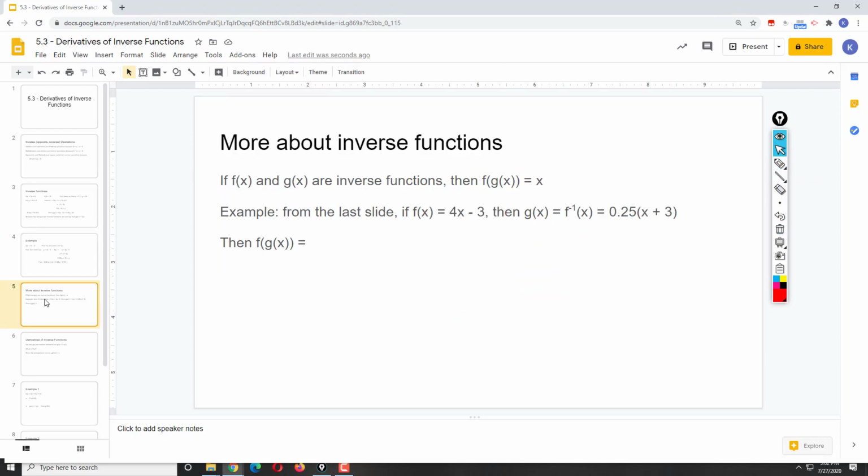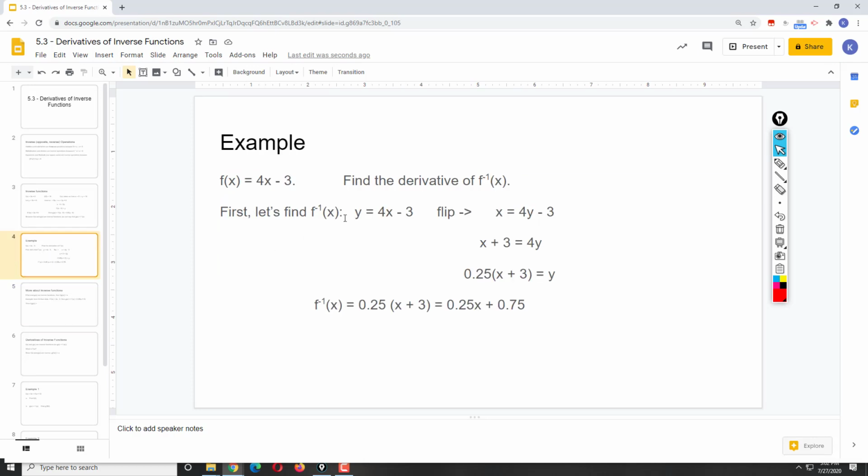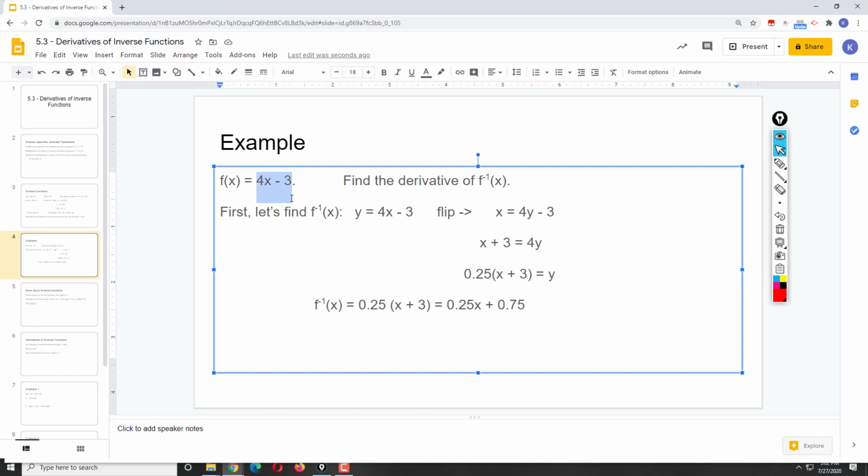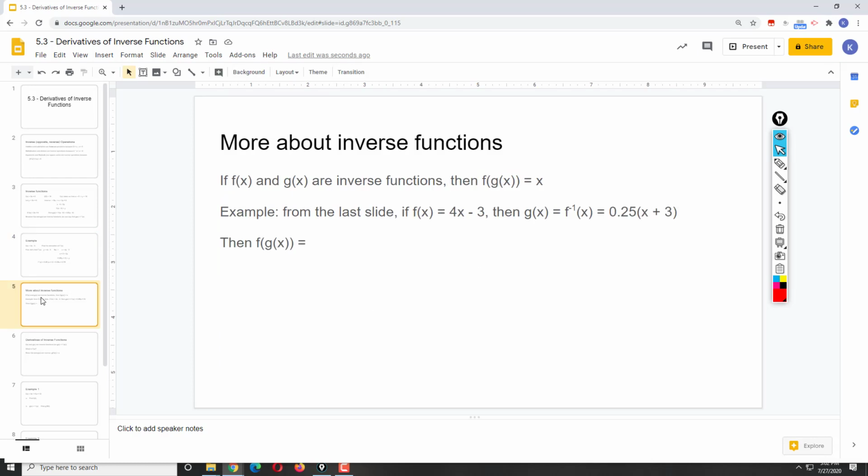More about inverse functions. So we saw that 4x minus 3 and 0.25 times x plus 3 are inverse. What we know is that if they're inverse, remember inverse operations, if we add and then we subtract, we get the same thing.